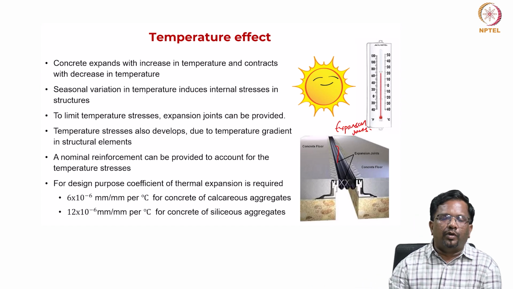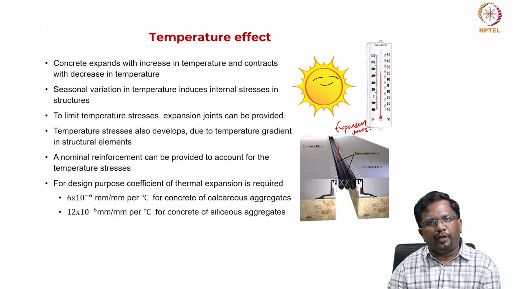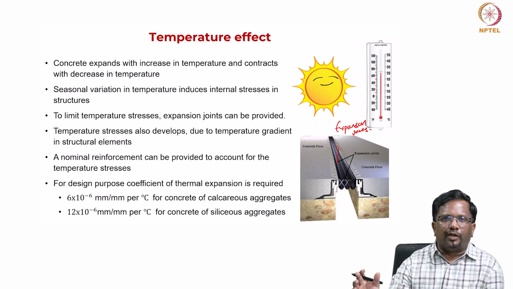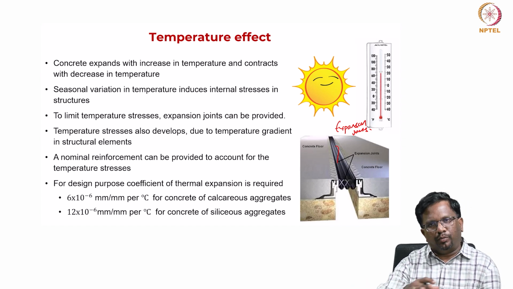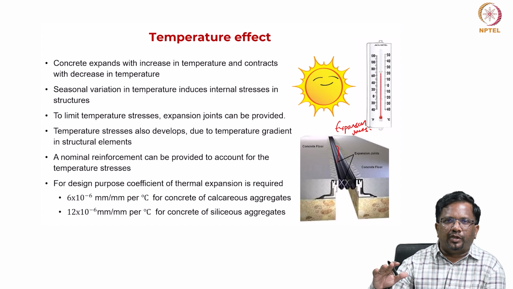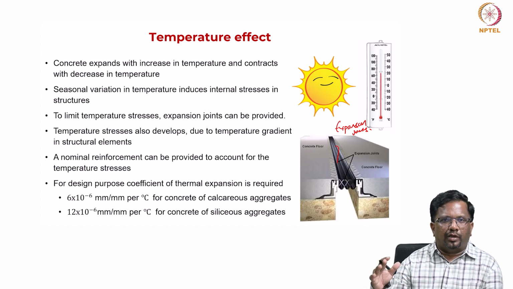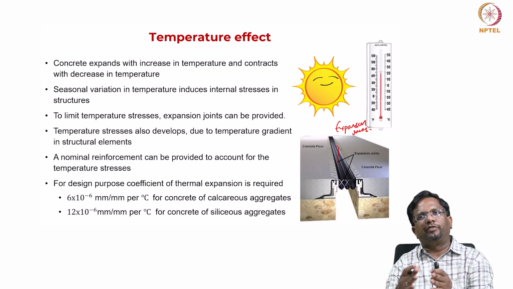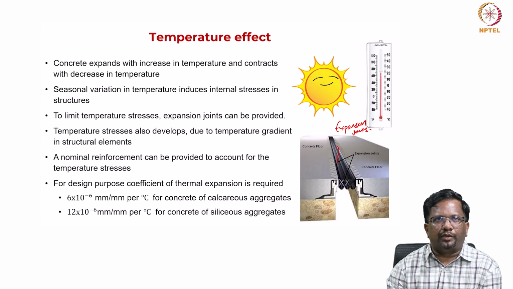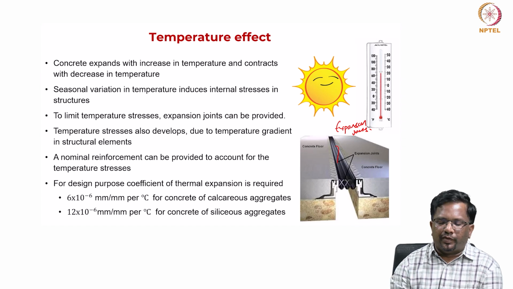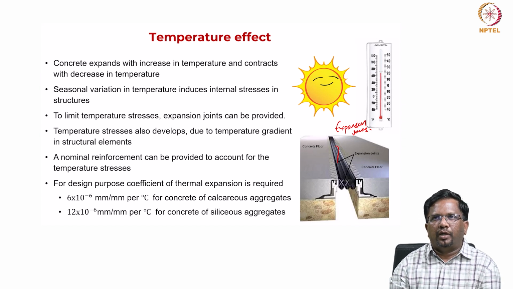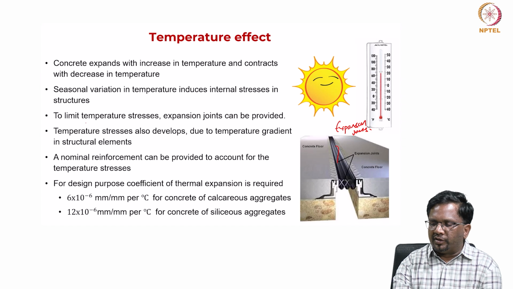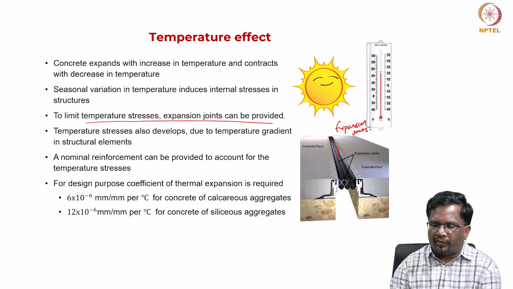Now we have something called deck continuity. If at all you are doing deck continuity designs, then you need to provide enough reinforcement so that even if it is cracking, the crack width will not be very significant. Okay, in design we have to account for that. So, typically to limit the temperature stresses, expansion joints like this are provided.